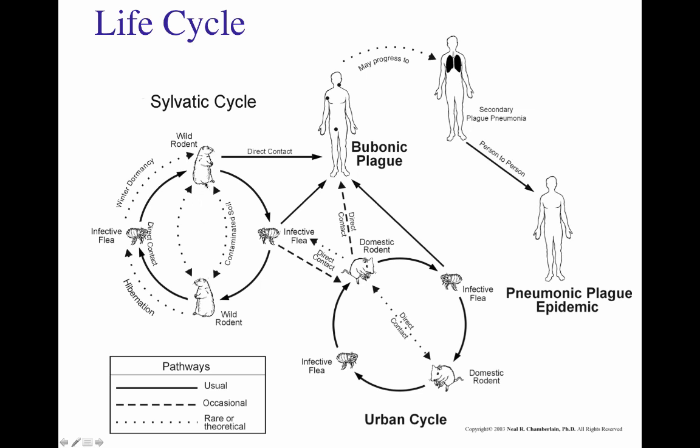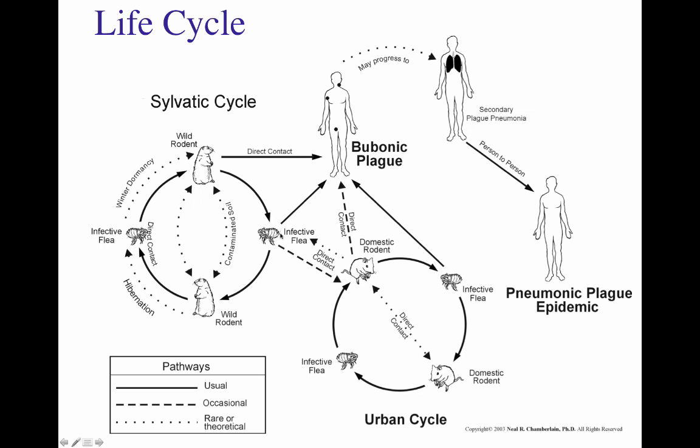You can also have exchanges, and we hypothesize that it's either rare or theoretical that wild animals can pass it to other animals by contact. But the direct contact route is going to be the exposed animal generating infective fleas that are going to pass it to another host. And therefore the sylvatic cycle is maintained.